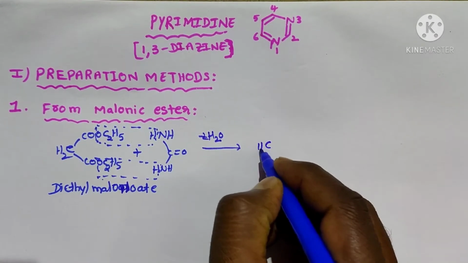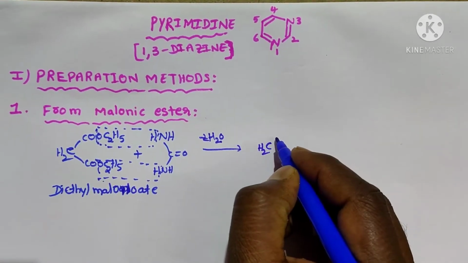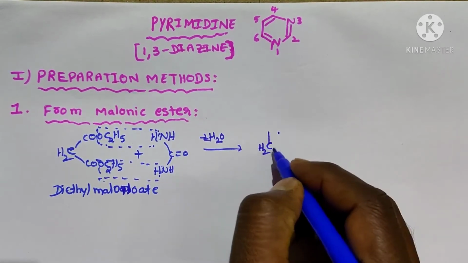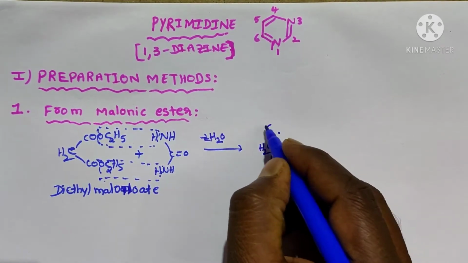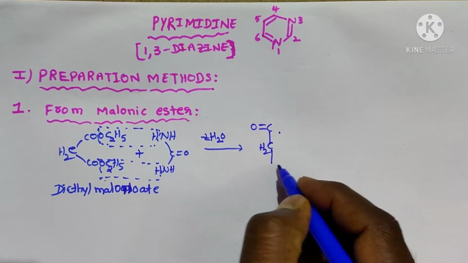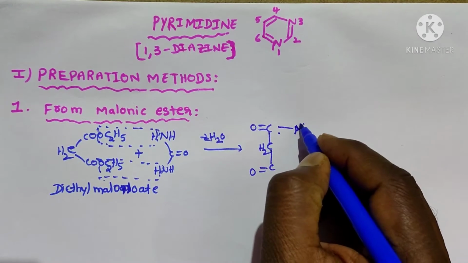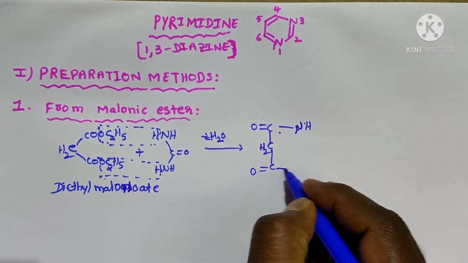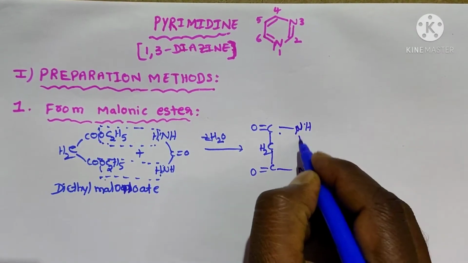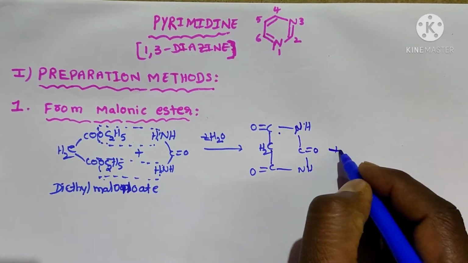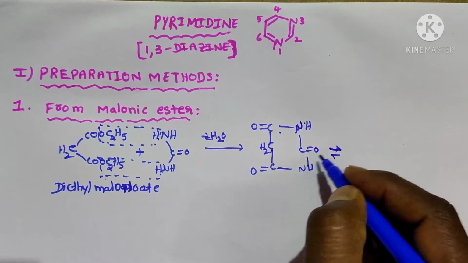As a result, what happens? Look here, CH2, C double bond O, C double bond O, NH, NH, and CO. Otherwise we can write it like this, no?